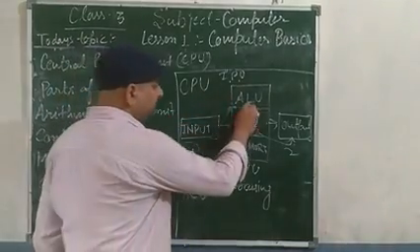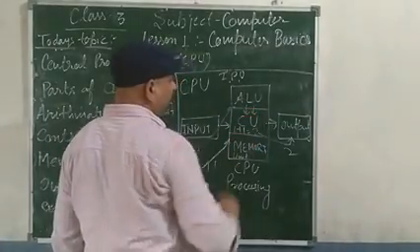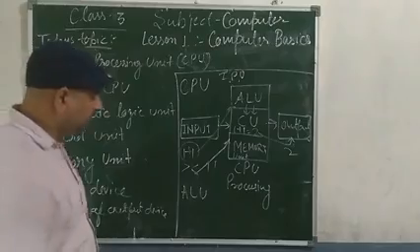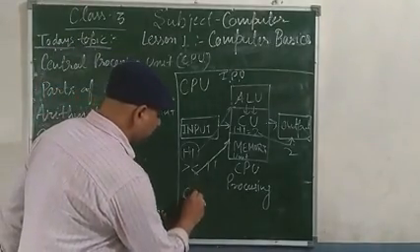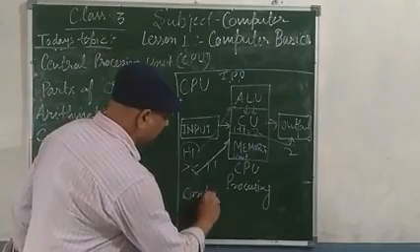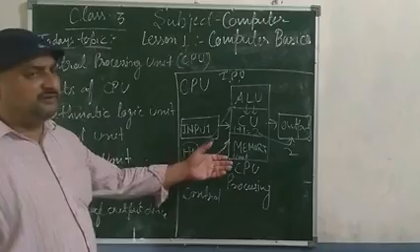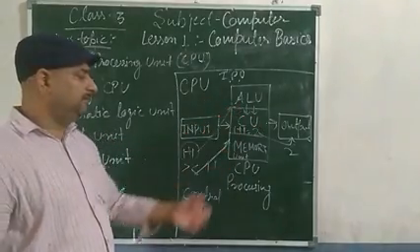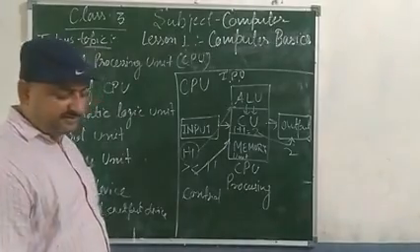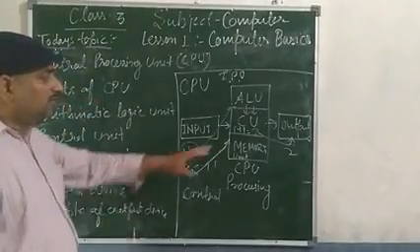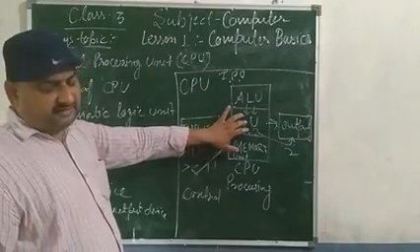Then the second one is the control unit. During the process, no error occurs, and without any disturbance the system performs all the operations. This is done by the control unit, CU.